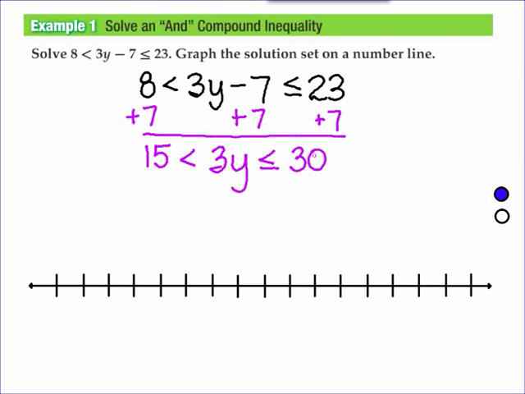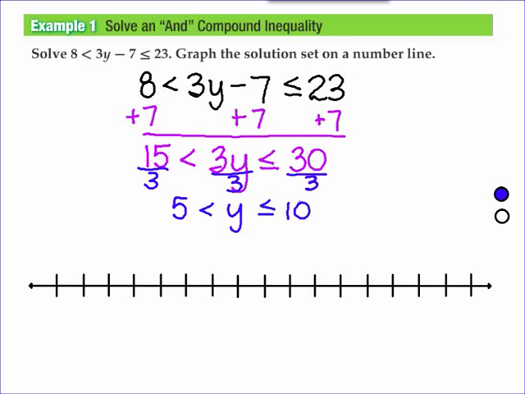Now, how do I get rid of everything so that y is the only thing left? Divide by 3. I'm going to divide the middle by 3, the left by 3, and the right by 3. And I'm left with 5 is less than y, which is less than or equal to 10.